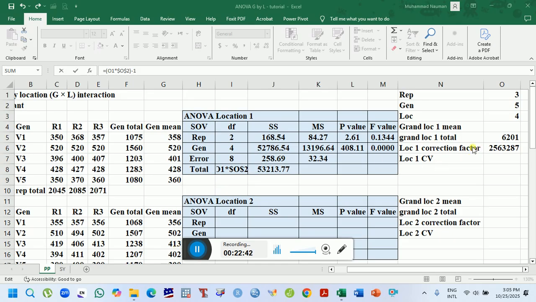Okay, now we will calculate the mean which belongs to location 1. It will be the overall mean.